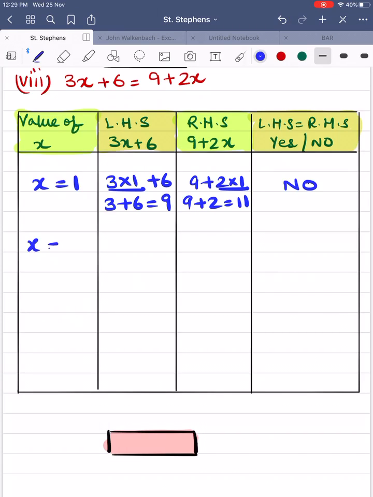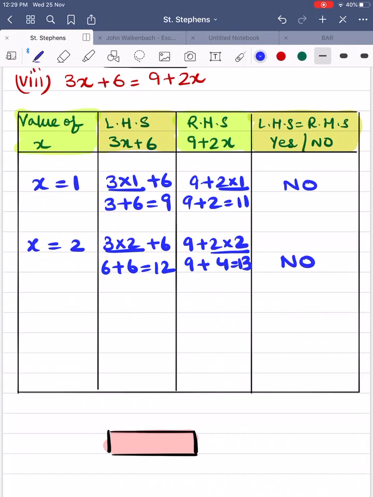Let's try x is equal to 2. So we have 3 into 2 plus 6. So it is 6 plus 6 is equal to 12. In right hand side we have 9 plus 2 into 2. So we have 9 plus 4, which is equal to 13. So left hand side is not equal to right hand side.